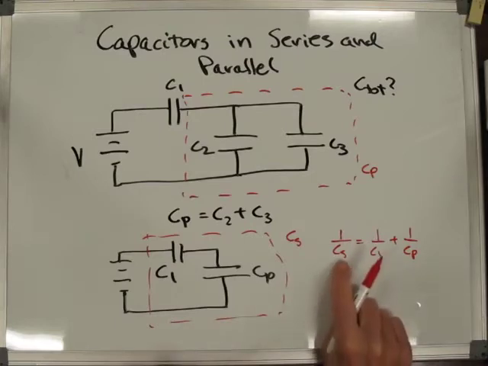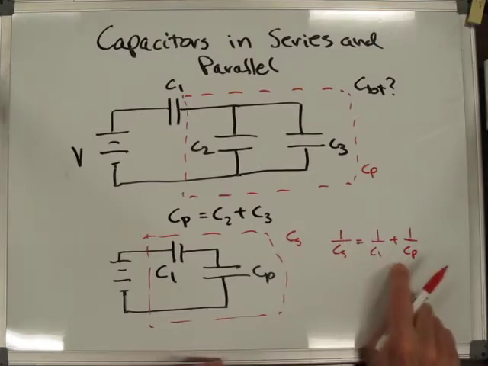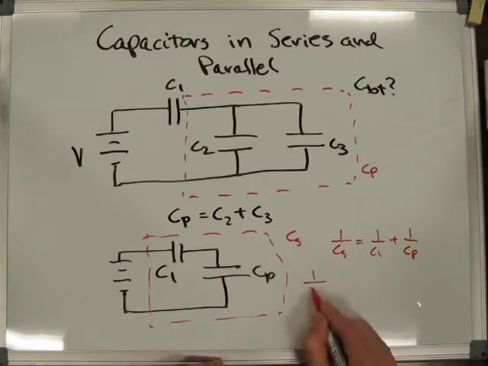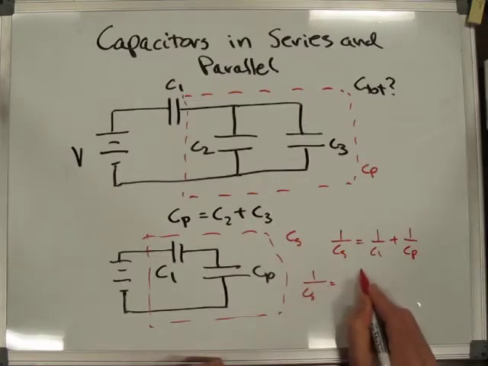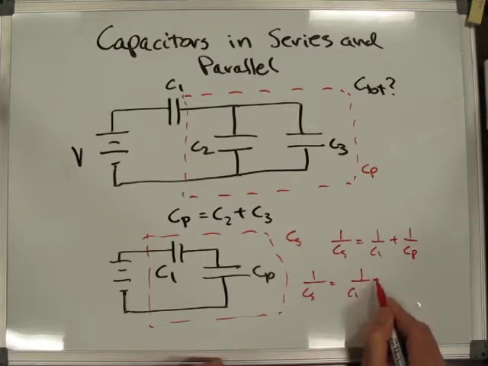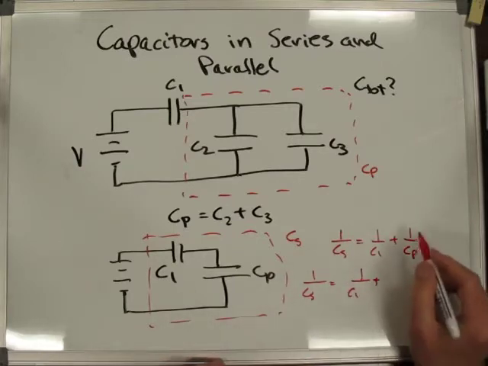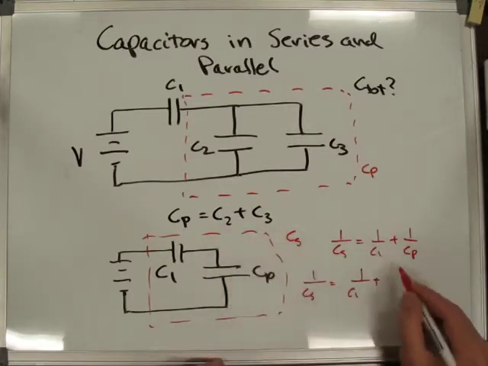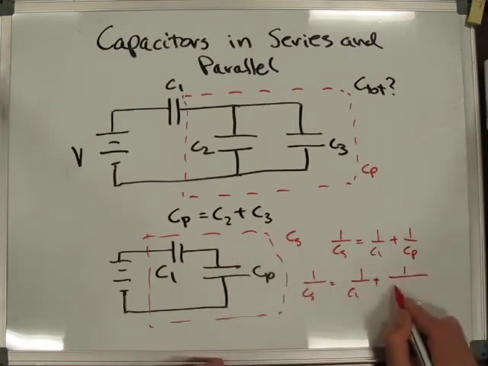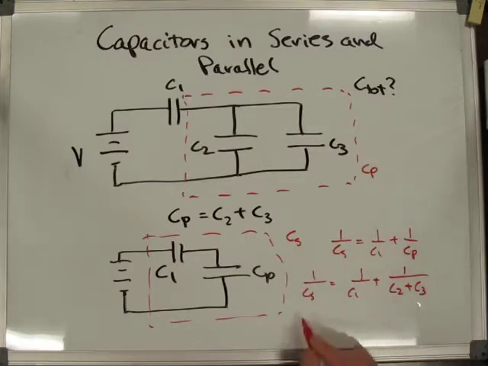Now this becomes the total capacitance of the circuit. Writing it all the way out, 1 over C series equals 1 over C1 plus 1 over C2 plus C3, since C parallel is C2 plus C3. And so I can calculate the series capacitance this way.